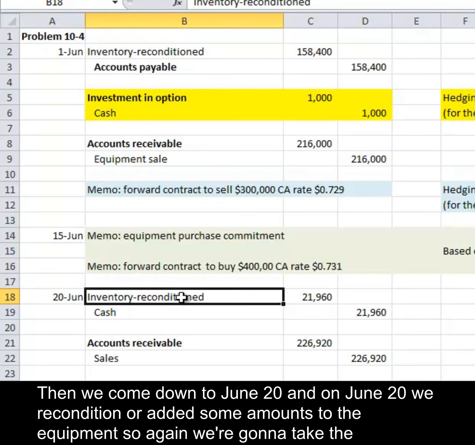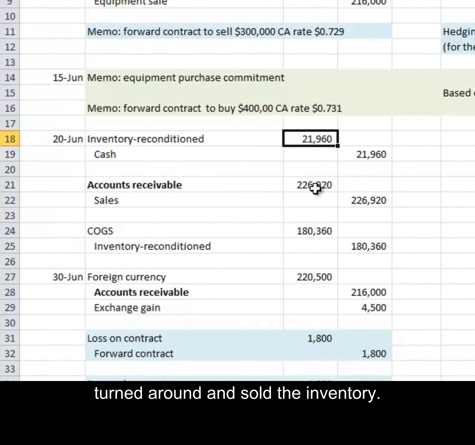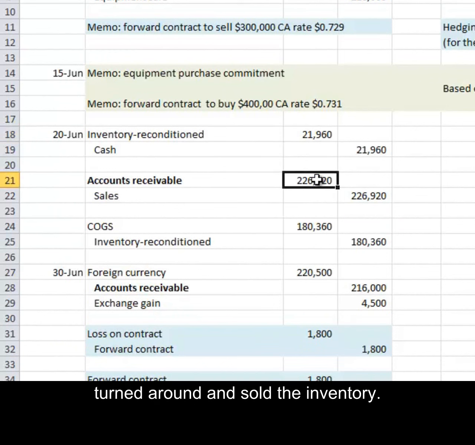Then we come down to June 20th, and on June 20th, we reconditioned or added some amounts to the equipment. So again, we're going to take the cost in Canadian dollars and simply use the spot rate to value the transaction for reconditioning that inventory. We turned around then and sold the inventory.